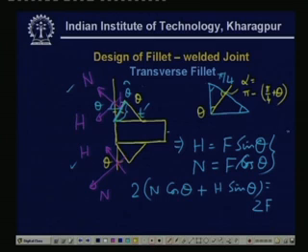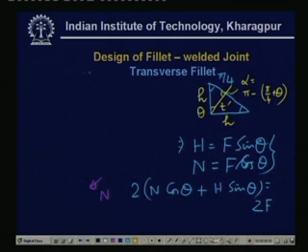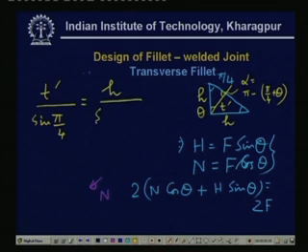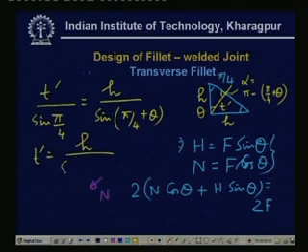And if you use the sine law of the triangle, here this length is h, and this is T prime, then we have the following relationship: T prime by sine pi by 4 is h by sine of pi minus pi by 4 plus theta, which is equal to sine of pi by 4 plus theta. So, therefore, T prime will be equal to h by sin theta plus cosine theta.